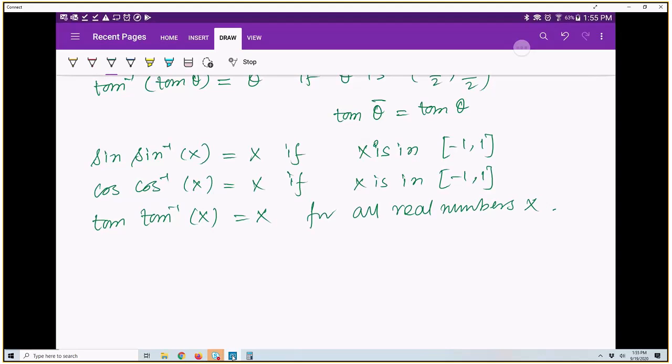So remember, when I'm doing the inverse of sine, I am between negative pi over 2 to pi over 2 inclusive. So this is what I'm looking at. So my answers for inverse trigonometric functions are always either in the first quadrant, where sine is positive, or in the fourth quadrant, where sine is negative.